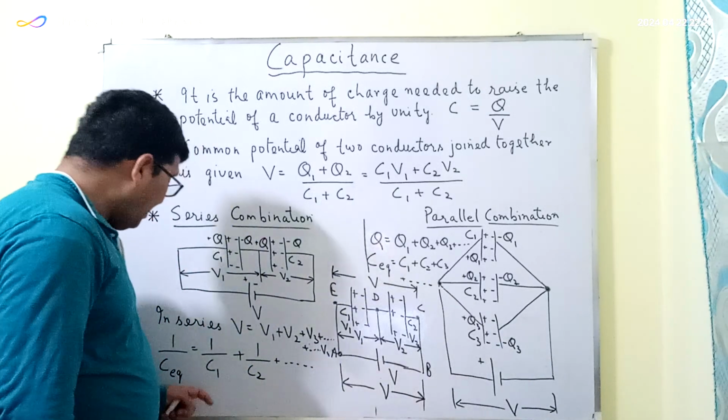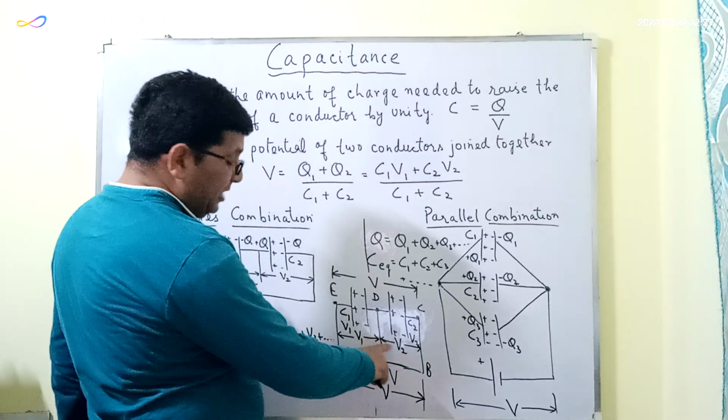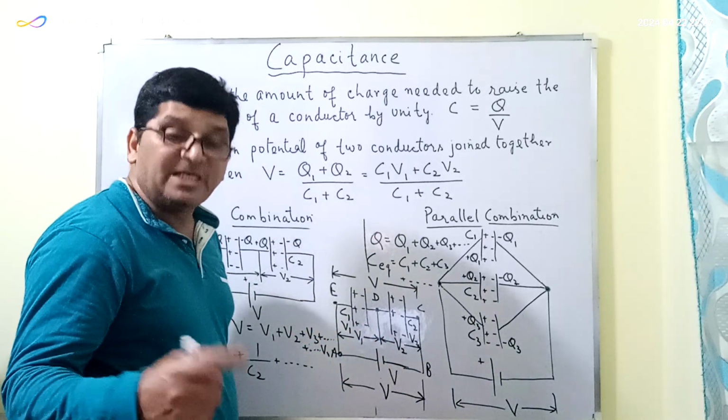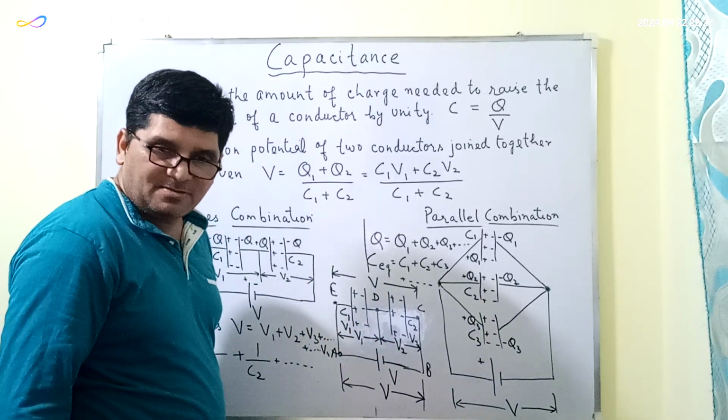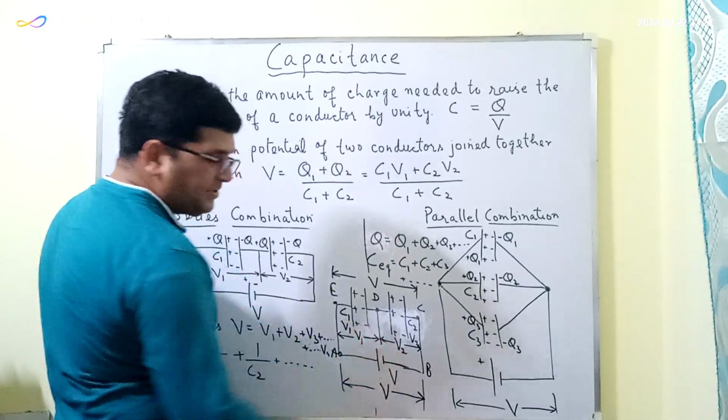In the series combination, the equivalent capacitance, equivalent means the net capacitance. Here the capacitance of this one is C1, and the capacitance of this one is C2.